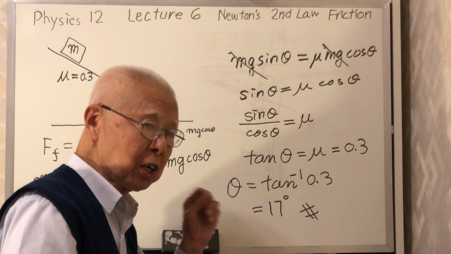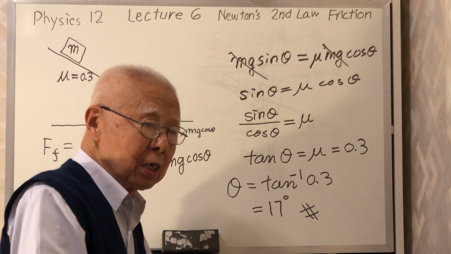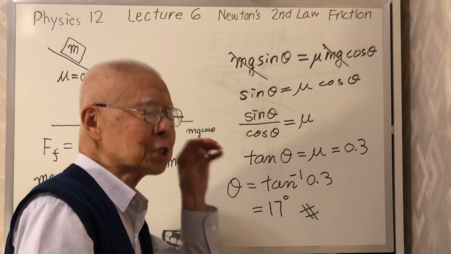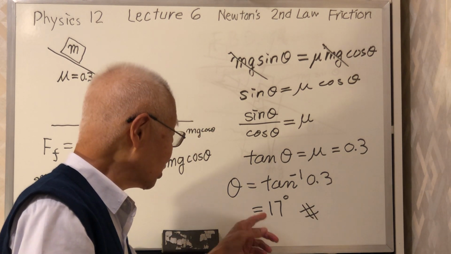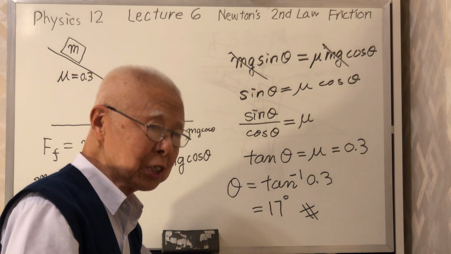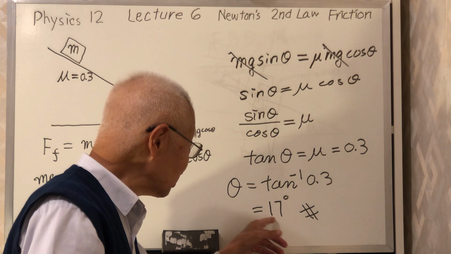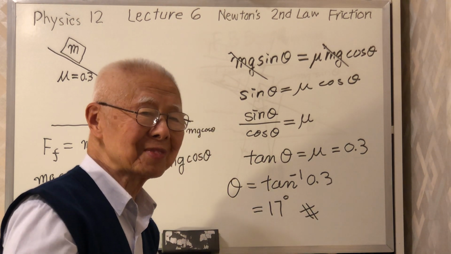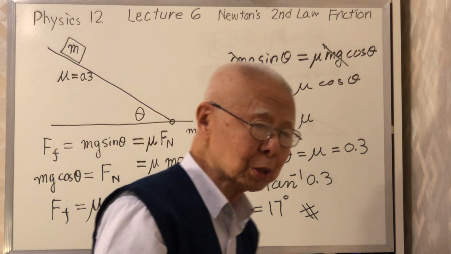You get the angle 17 degrees. If the angle is more than 17 degrees, then it will slide down definitely. When it is exactly 17 degrees, it will stay there, but if you have 17.001 degrees, it will slide down. All right? So that is how we do this problem.